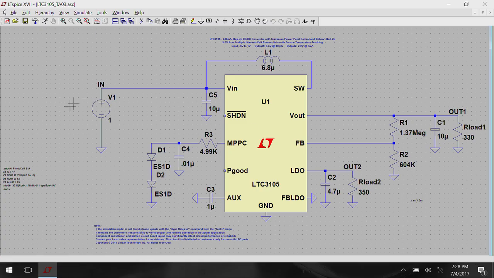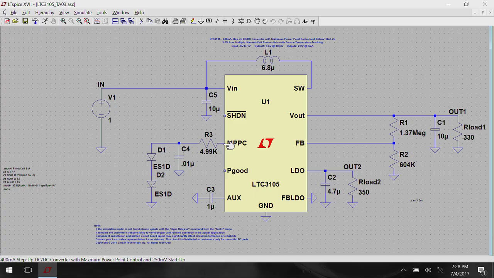This way the input system does not collapse with 0 output. You will never get that situation if you arrest it with this MPPC pin. So, that is the key understanding here.